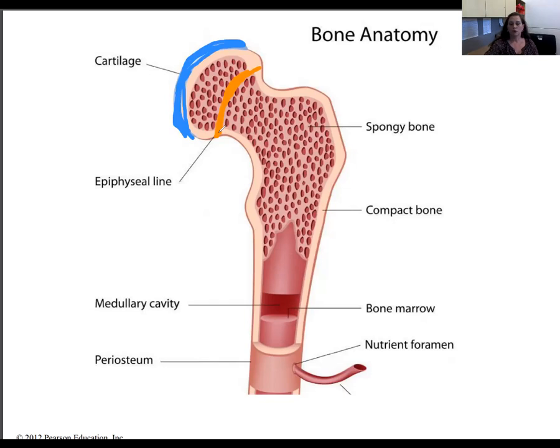So before puberty, it's a band of cartilage, and that band of cartilage would be called the epiphyseal plate. And after puberty, when that epiphyseal plate of cartilage is replaced by bone cells, then it's called the epiphyseal line.